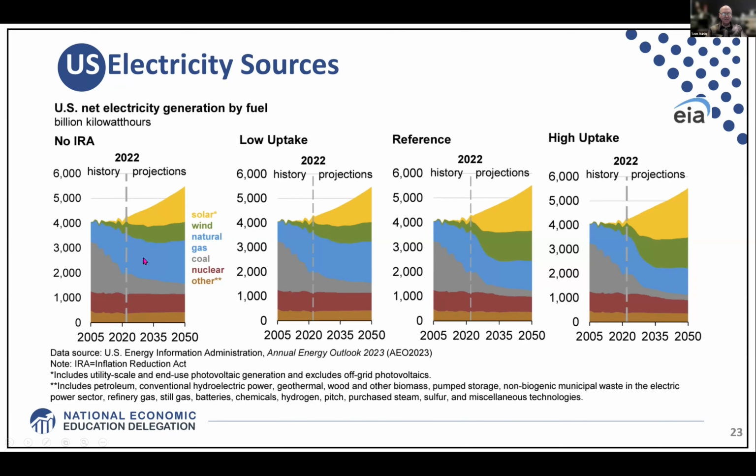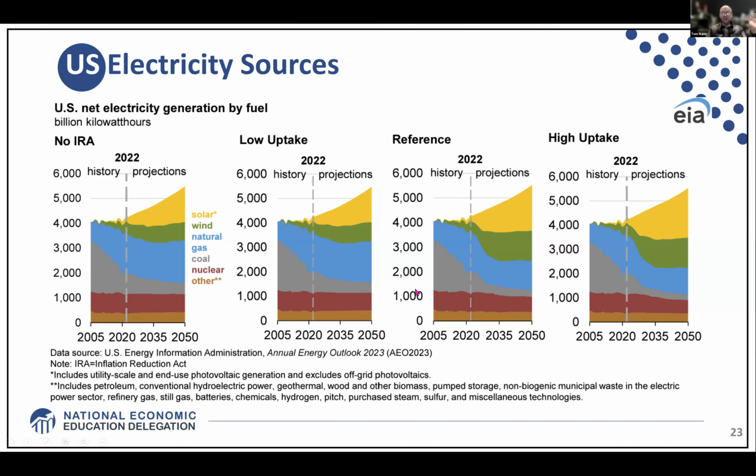Natural gas, before we did things, was still slowly growing. In the later ones, natural gas is going down as the clean, mainly solar and wind, not only cover all of the increase, but they eat into some of the natural gas and even more of the coal.